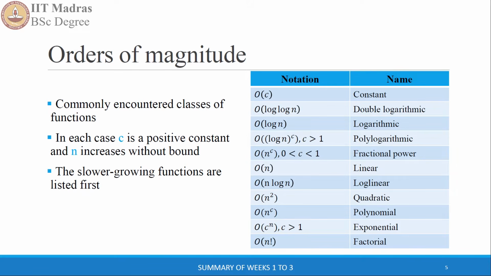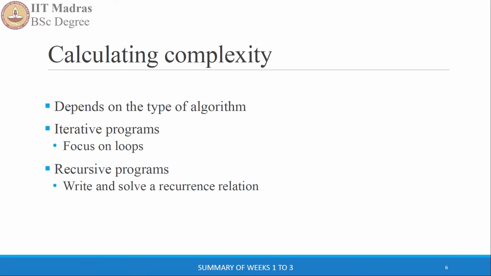These are some commonly encountered classes of functions. In each case, c is a positive constant and n increases without bound. As you can see, slower growing functions are listed at the top of the table, whereas the fastest growing functions are at the bottom. Now we will see how to calculate the complexity of a specific algorithm.